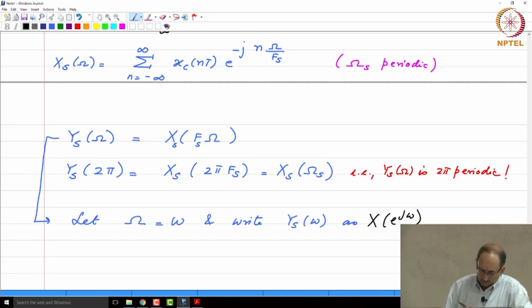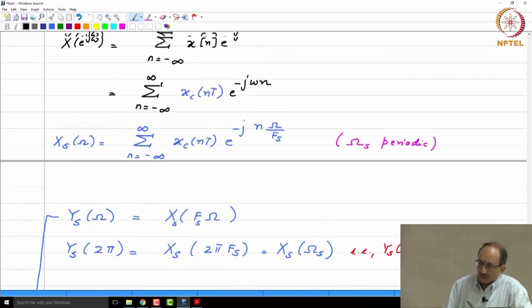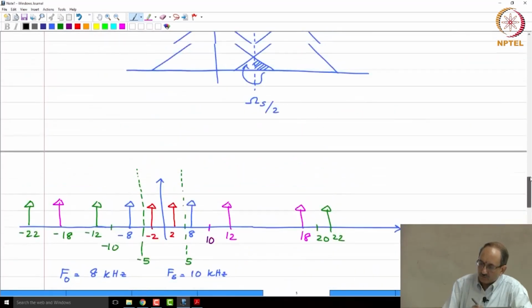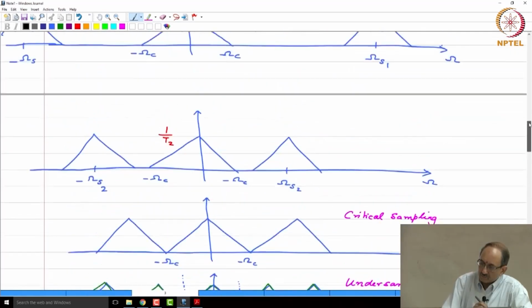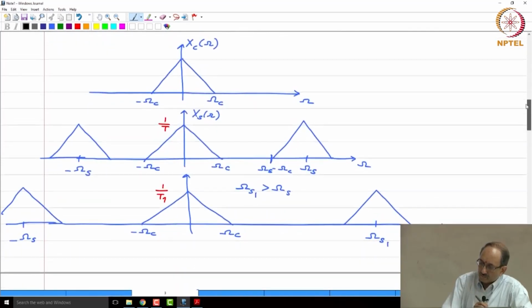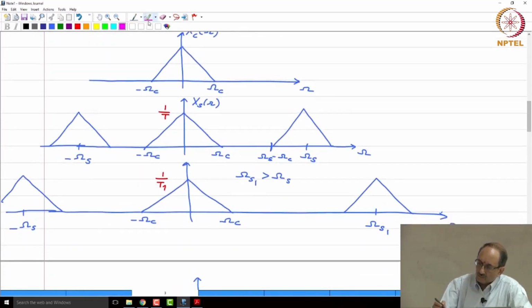So, basically what is happening is, let us go back to this picture. Xs of omega is the impulse train sampled signal spectrum. It is periodic with period omega s, that is one thing. Of course, the other thing is the amplitude scale factor.